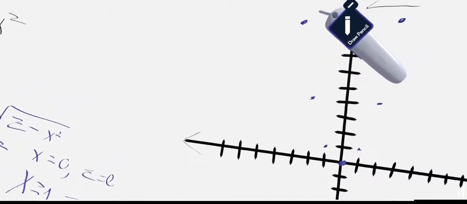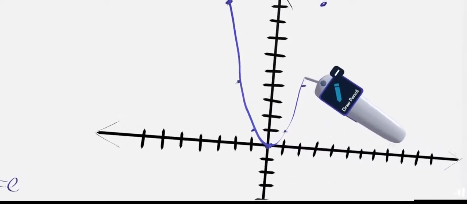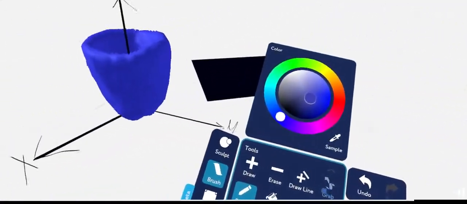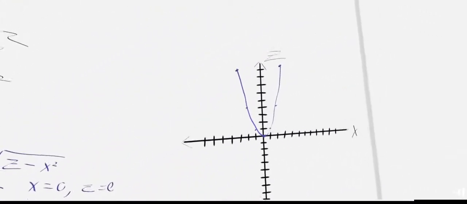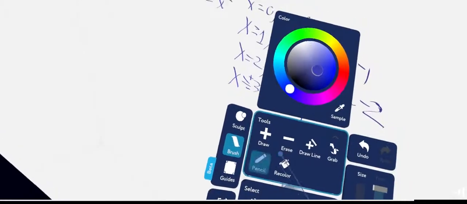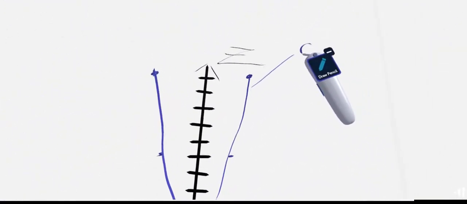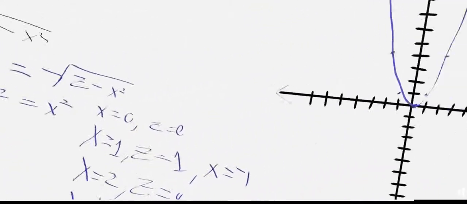And as you can see, if you had a steady hand, it should be in this shape here, and that's quite similar to what we get over here. As you can see, it's generally in that shape. So that's c equals 0 for the function in terms of y, the graph of the x z plane.